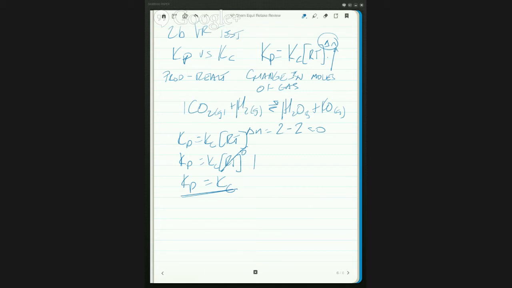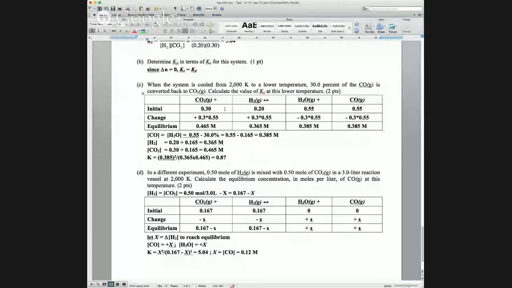Okay, so let's go back and go on to C. Now this question is, well, what happens when 30% of the CO is converted back to CO2?